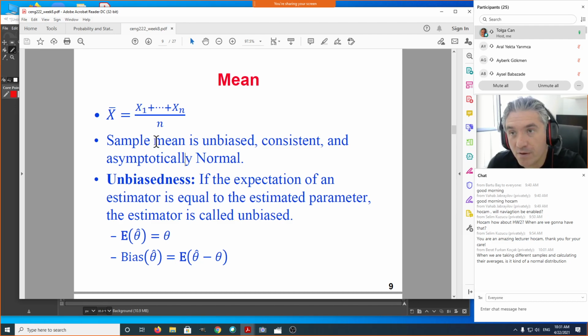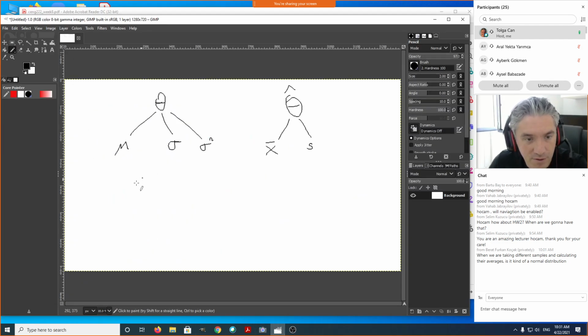So the individual x's are random variables themselves. If you're given the expected value of x1, what is the expected value of any x? Let me write it here: the expected value of x is our mu in a population.